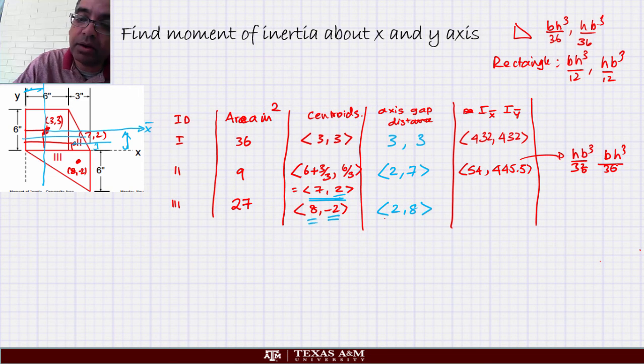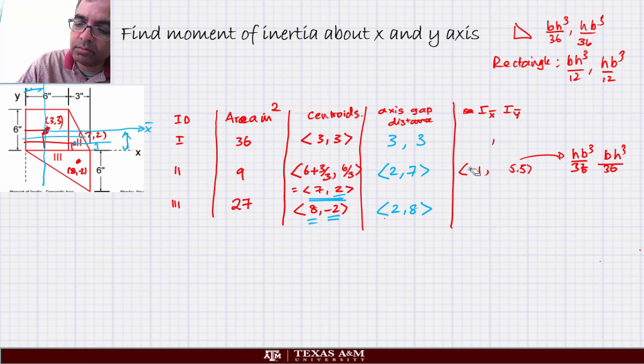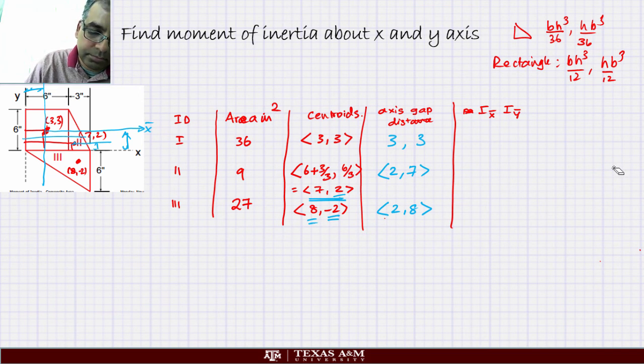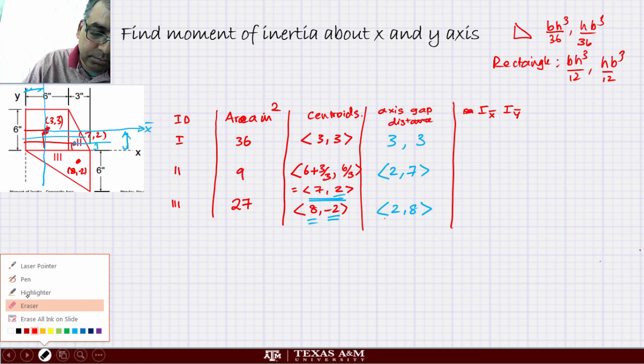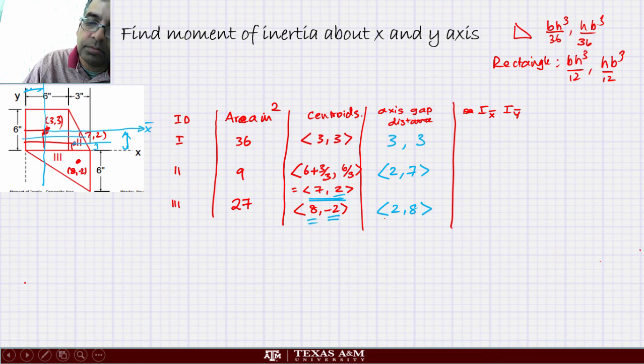Oh, I'm sorry, I got the numbers wrong. So if we compute Ix bar and Iy bar, it will turn out to be 108, 108.